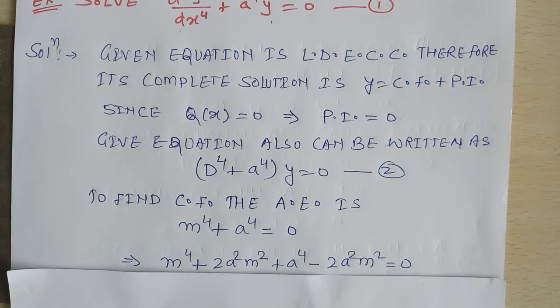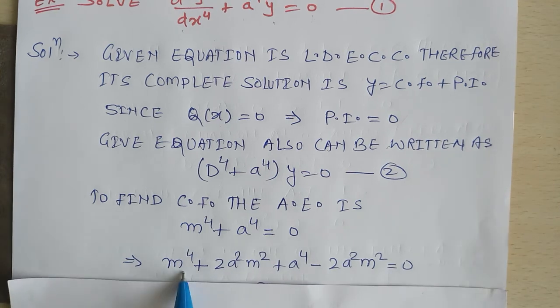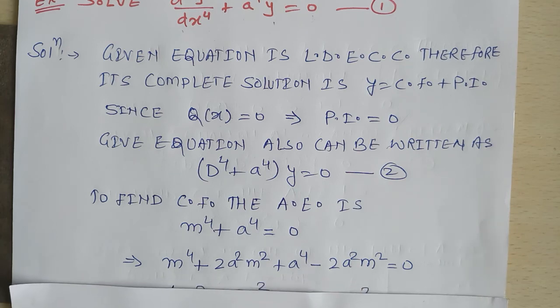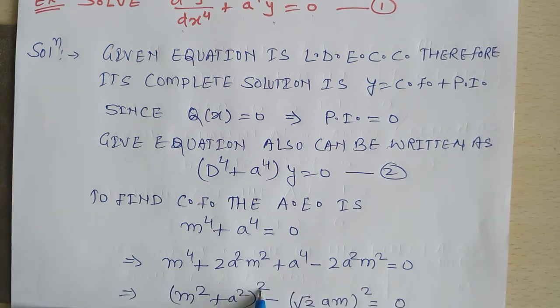We get m power 4 plus 2a square m square plus a power 4 minus 2a square m square. Now this part is the whole square of (m square plus a square). So we write (m square plus a square) whole square minus (root 2 a m) whole square equal to 0.